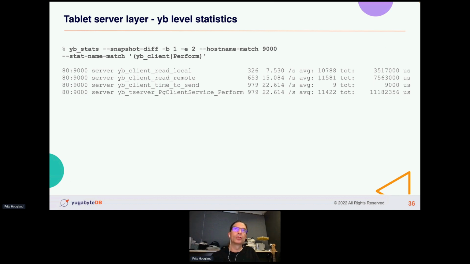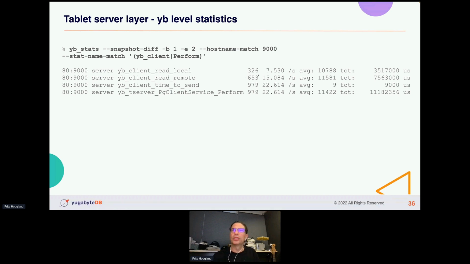YB stats is invoked in the same way with almost the same arguments. Only, because it uses a regexp for the matching, I use the regexp YB client or perform. So what I'm now seeing are the YB client statistics, and again, this is only host 80, the IP address ending in 80. I'm seeing perform, which is the total time, and I'm now seeing local for roughly 1/3 of the occurrences of perform, and remote for roughly 2/3.